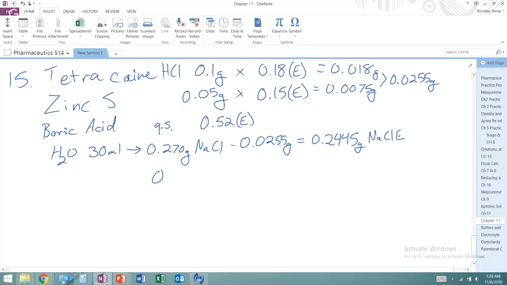So you take the 0.2445 grams, you divide it by your boric acid equivalent, and you find that that is 0.47 grams of boric acid.